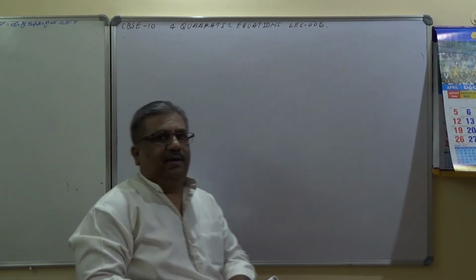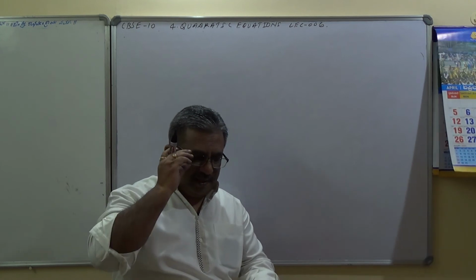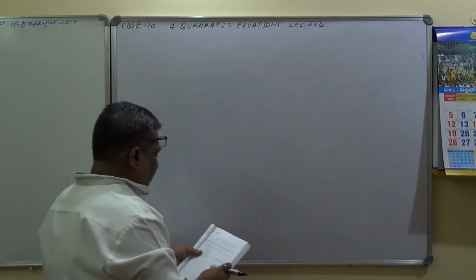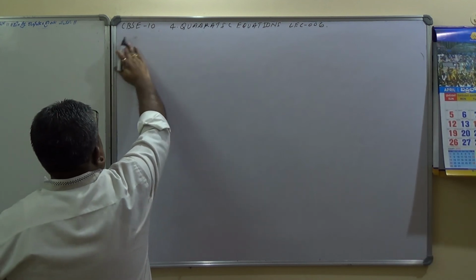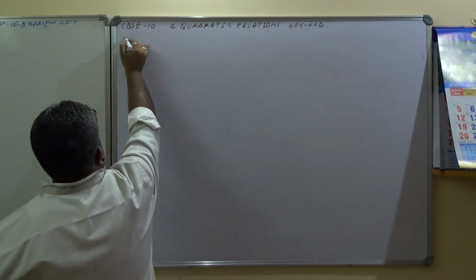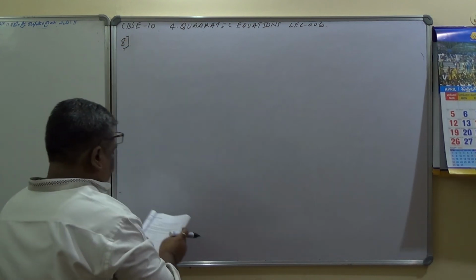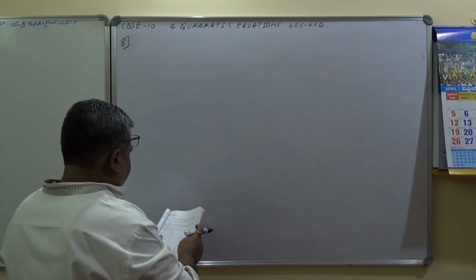Here I take one numerical from the exemplar book. This question number is 8, a long answer type question.